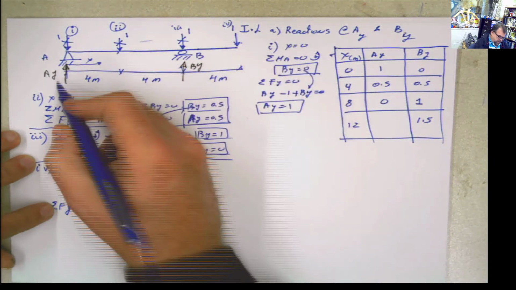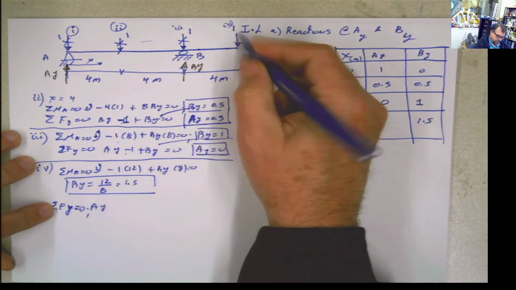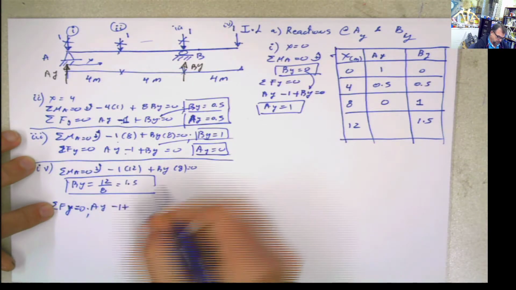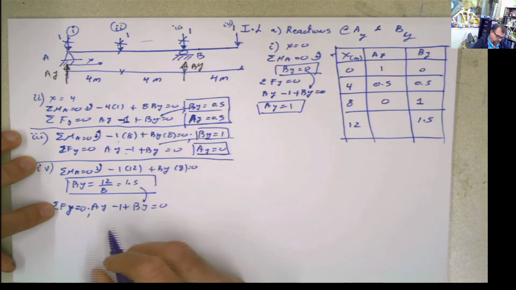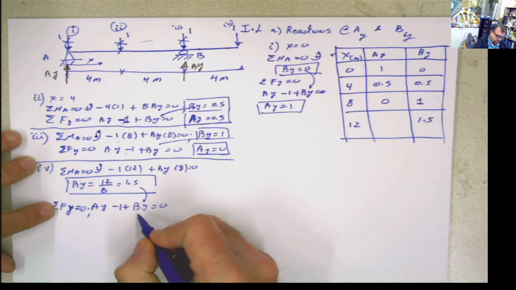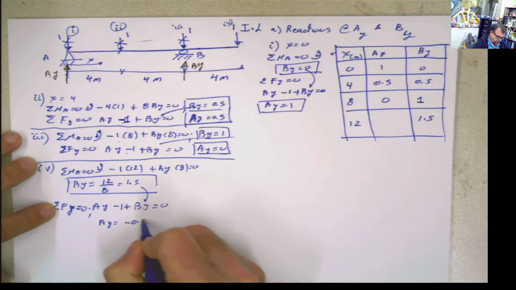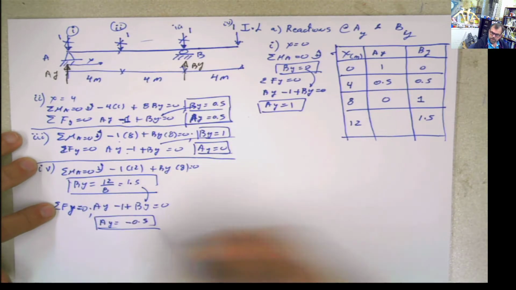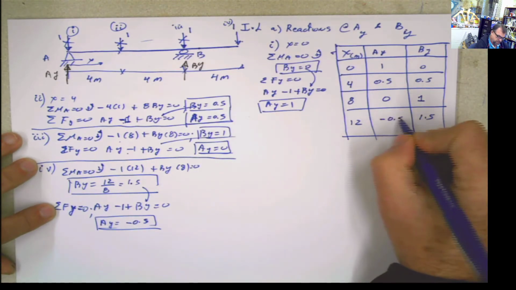So you have Ay minus 1 plus By, but By is this, equals 0. So negative 1 plus 1.5 is positive 0.5, pass it to the other side, and Ay will be negative 0.5. Those are the two values. And then you're going to have here negative 0.5.